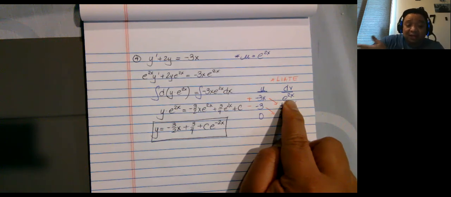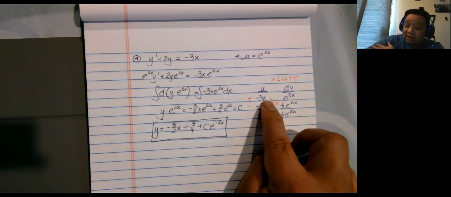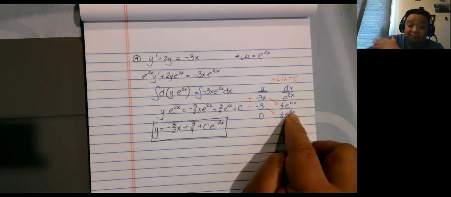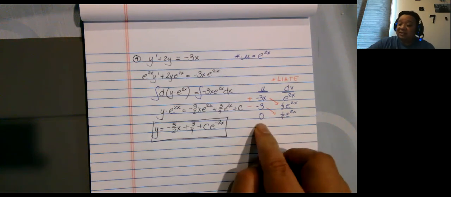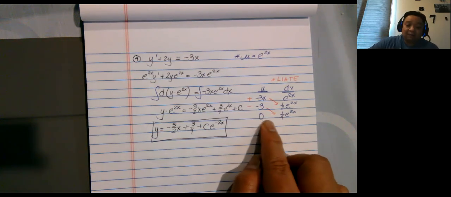Now the method I use for integration by parts are tables. And so I basically just continue taking the derivative and I continue taking the integral. And I can pretty much stop anywhere I want, but since I eventually have a derivative of 0, I know I'm going to stop right here.